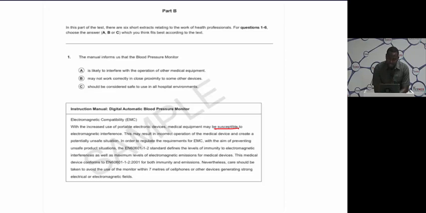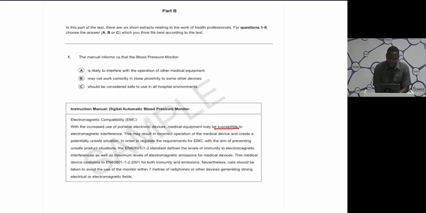It says this may result in incorrect operation of the medical device and create a potentially unsafe situation. So, if the medical equipment is likely to be affected by electromagnetic interference, then this incorrect operation may create a potentially unsafe situation.